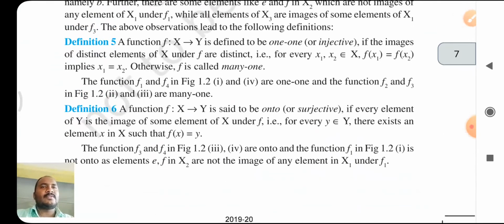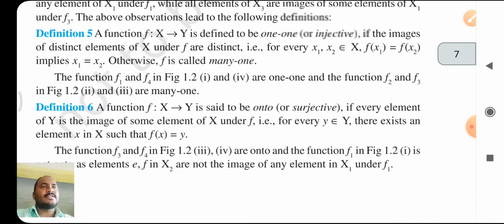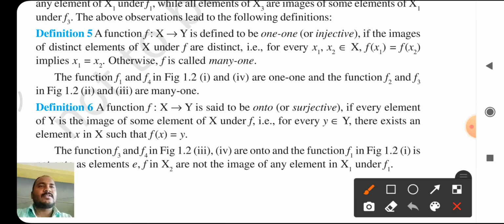This is some information about the 1-1 function, injective or injection.